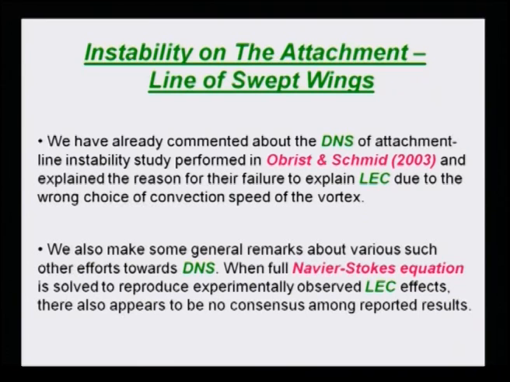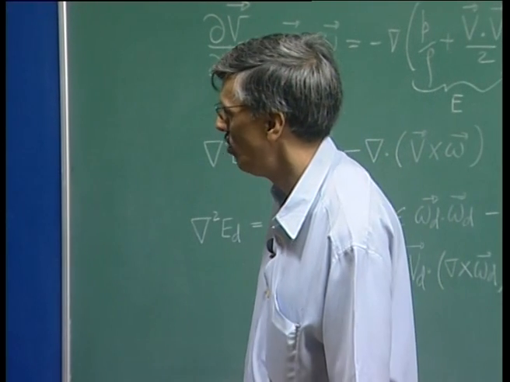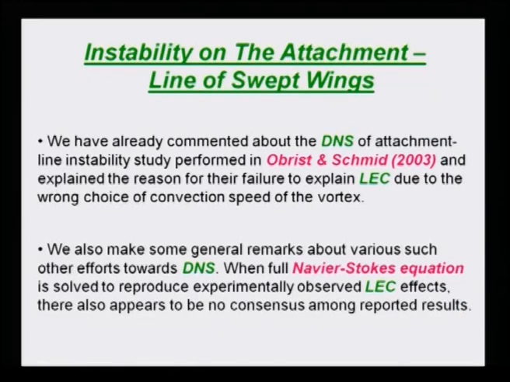That is due to the wrong choice of the convection speed of the vortex. So, that is one thing we can say. Various other people have performed direct numerical simulation.